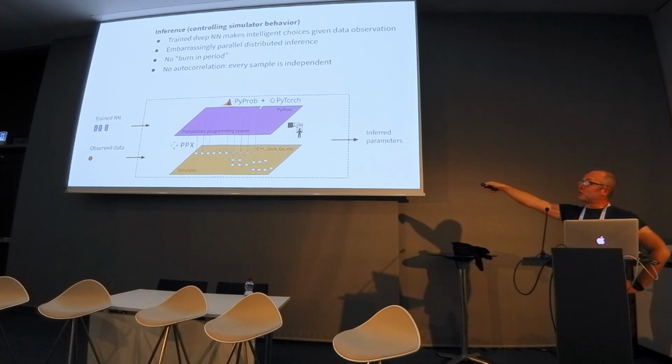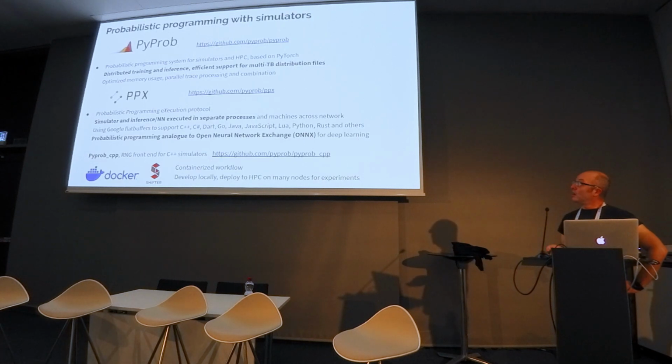This thing acts as a puppet master. So given some observed data, the machine learning system has the ability to control or guide the simulator in ways that would produce this type of data. So this is how we explain this.